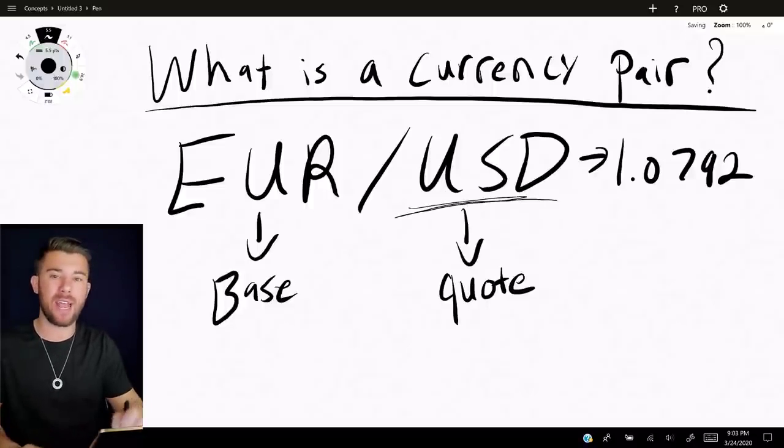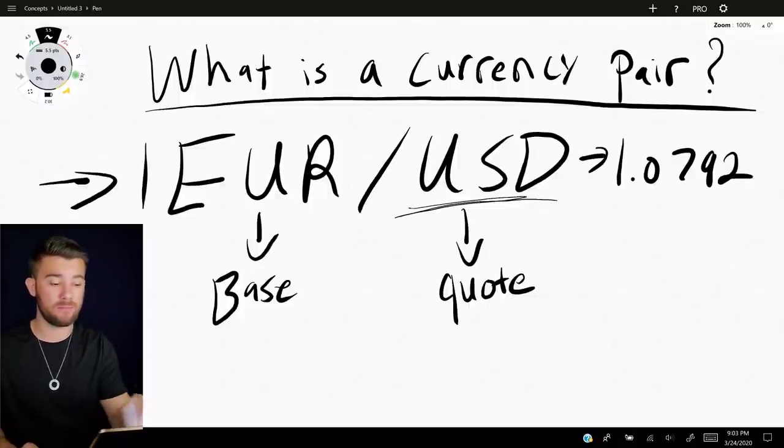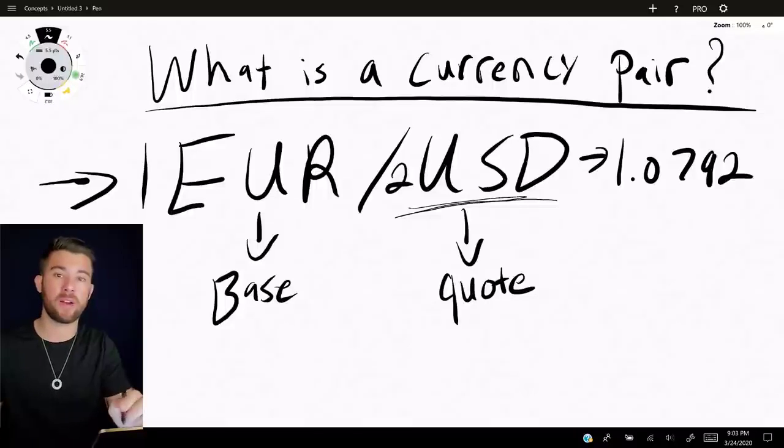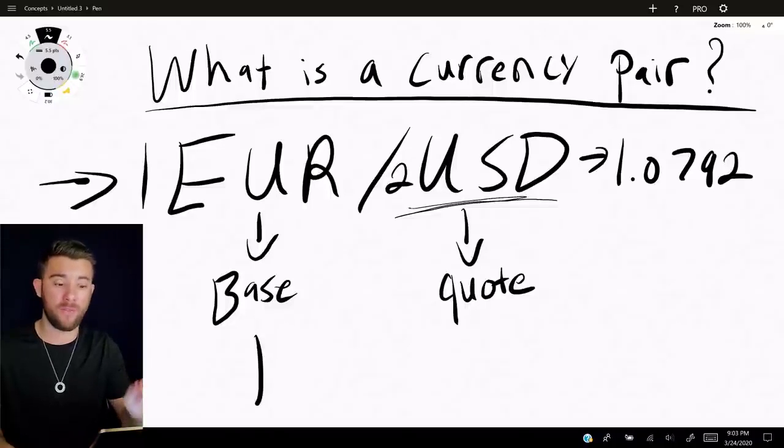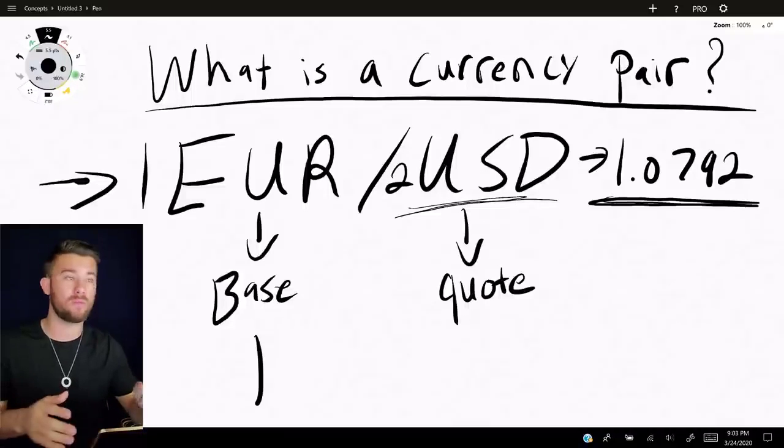So every base pair, as in the first pair, and this being the second pair, every first pair in a currency pair always has a value equal to 1. You are always exchanging one of that first pair for whatever the quote pair is. The actual quote you see on the screen is your quote pair.